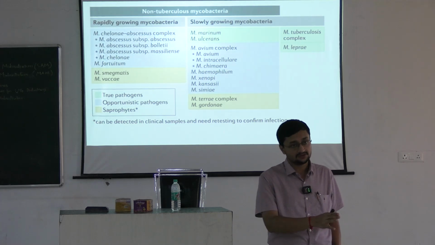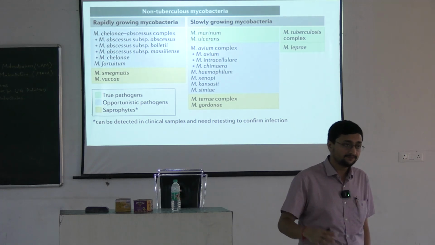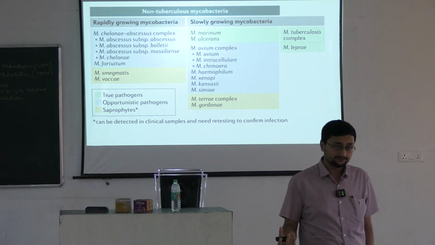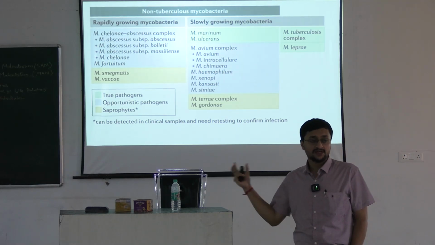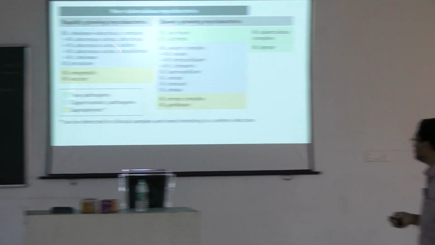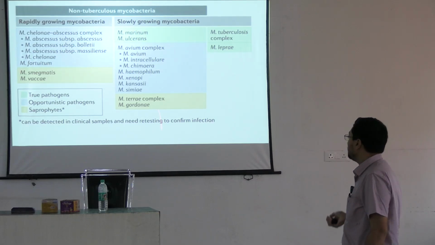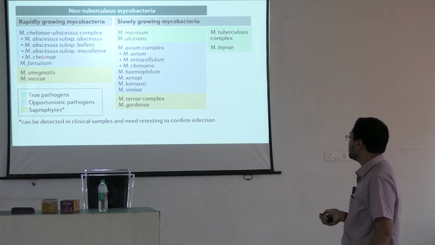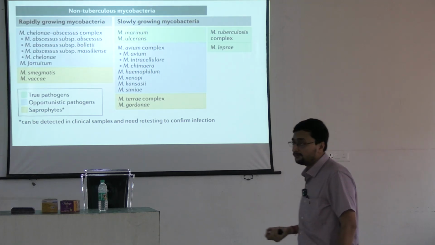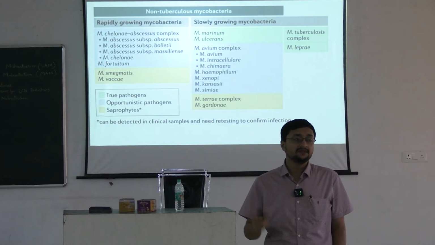On the other hand, the slow growers take around 6 to 8 weeks to show prominent growth in your culture broth. Among rapid growers, the most common are Mycobacterium abscessus and fortuitum, and these two are important pathogens, right? And among slow growing organisms, the most prominent one is MAC, that means Mycobacterium avium complex.